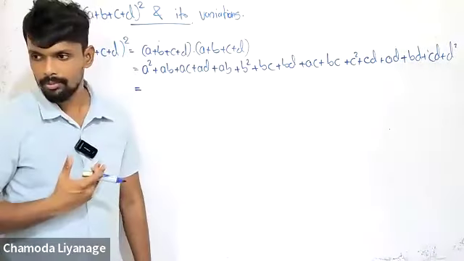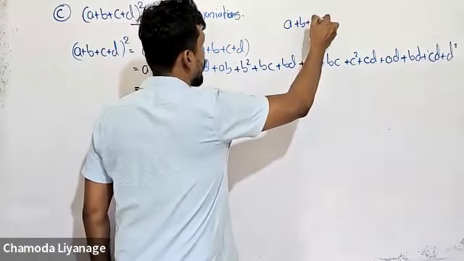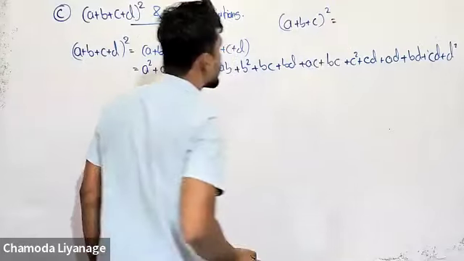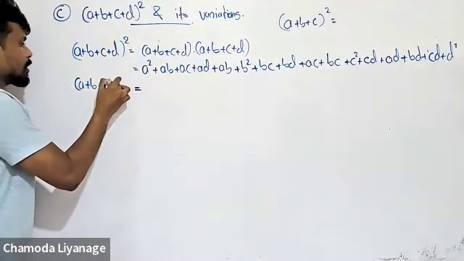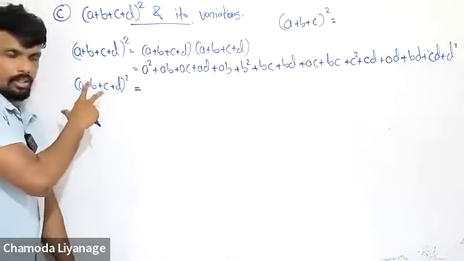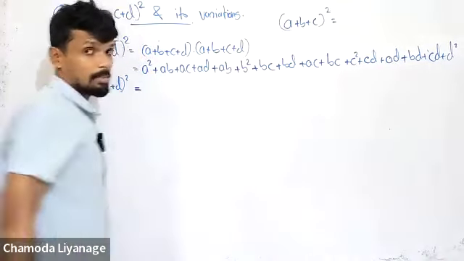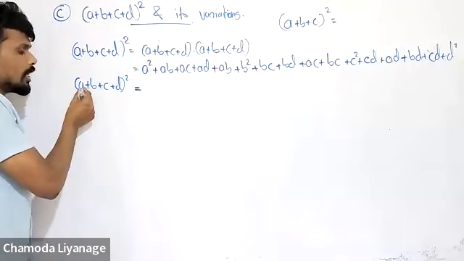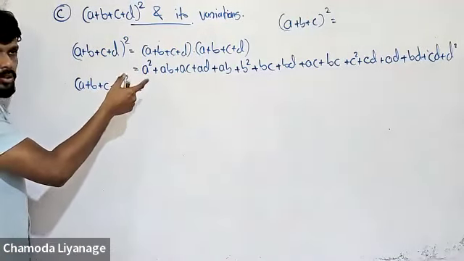According to the expansion of a plus b plus c squared, what would be the expansion of a plus b plus c plus d squared? According to this pattern, this should be a squared plus b squared plus c squared plus d squared.